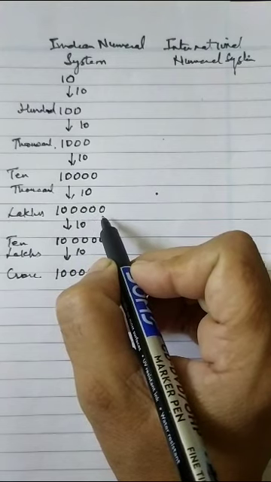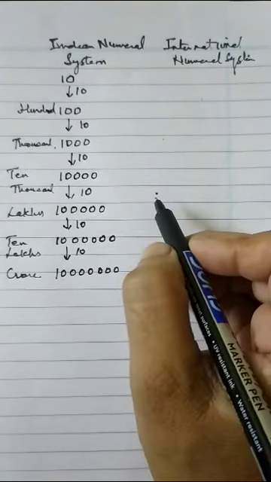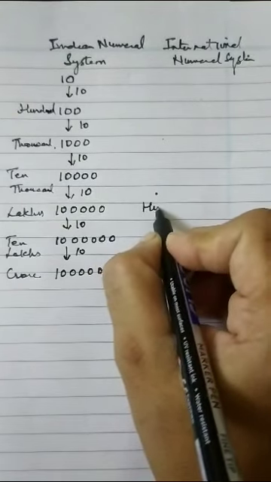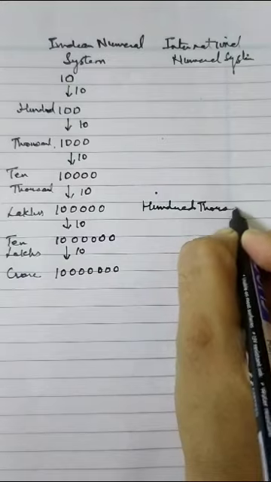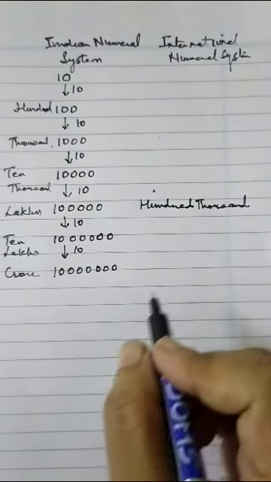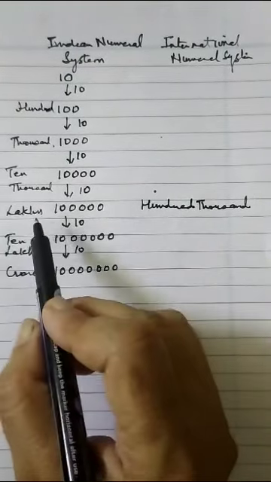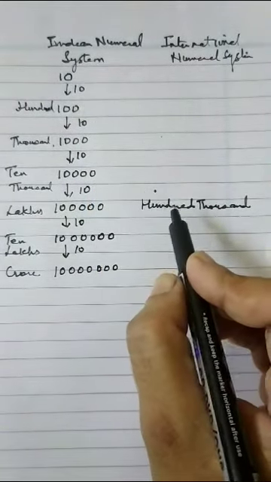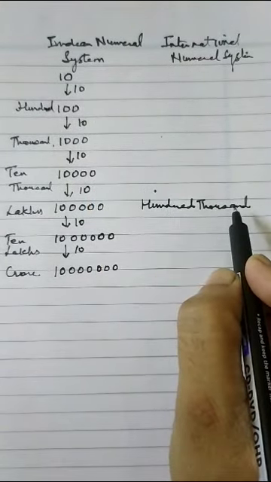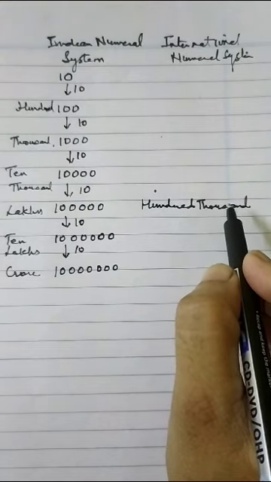But this number in the international system is called 100,000. So here the difference is that lakh, which we are using in the Indian numeral system, is called 100,000. Why do we call it 100,000?